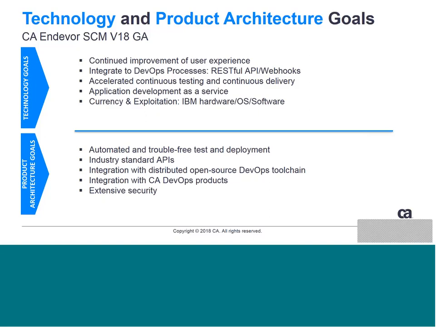Another key piece is application development as a service. If we think about how users, especially the new users, are approaching development on the mainframe, they really want to use tools that don't live on the mainframe: IDEs, command lines, and so on.